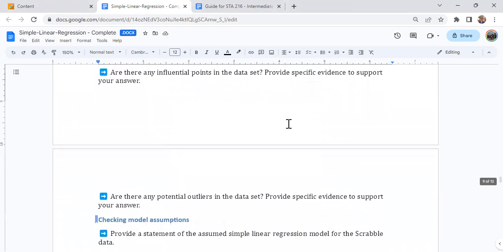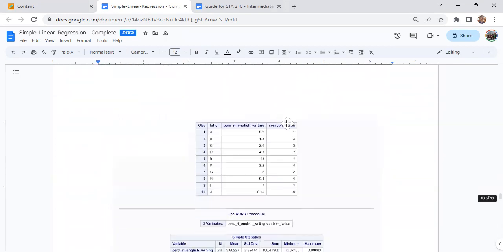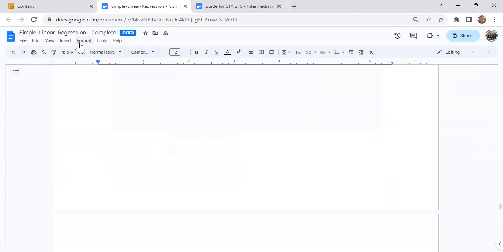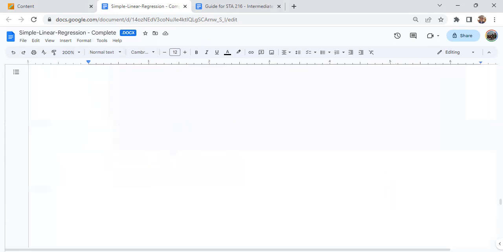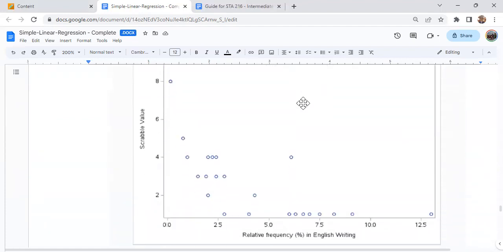Okay. And so we were looking at this Scrabble data. We had the SAS output. Zoom in a bit more here. It's still a little small, but okay.